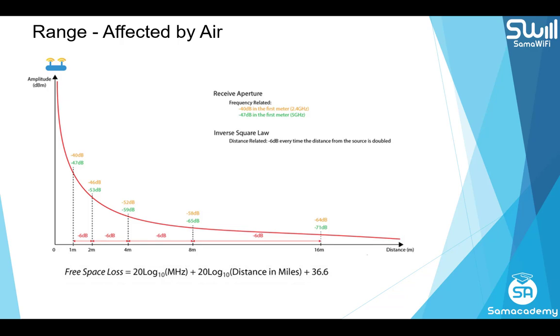Okay, we have free space path loss. The formula is here, and we are going to substitute some values. For example, we have the distance in miles. We are going to evaluate the first meter. So 1 meter is equal to 0.00062 miles.